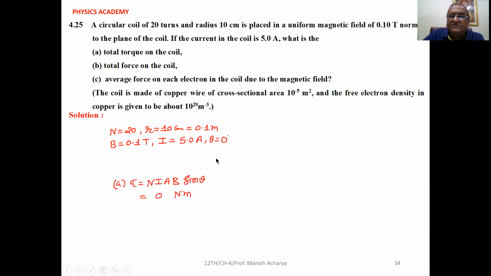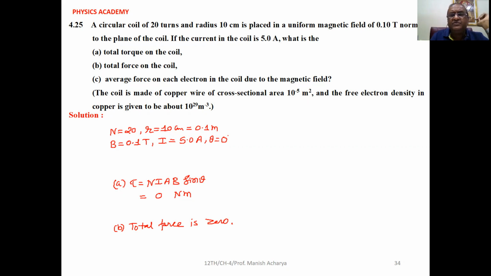Now, first we want to calculate the torque. So torque tau is NIAB sine theta, sine 0 is 0. So torque is 0. Now, total force is also 0, because if we consider any current element on the circumference of the coil, then for the diametrically opposite current element, the direction of the force will be opposite to the first one.